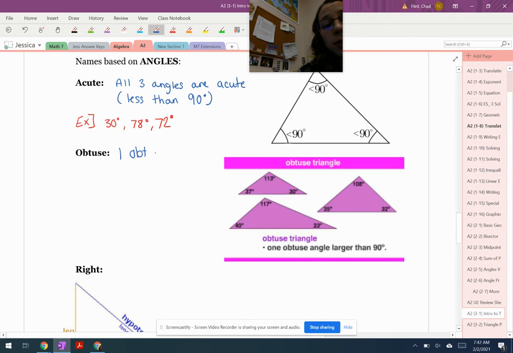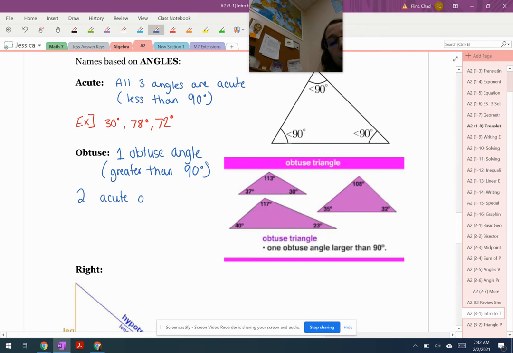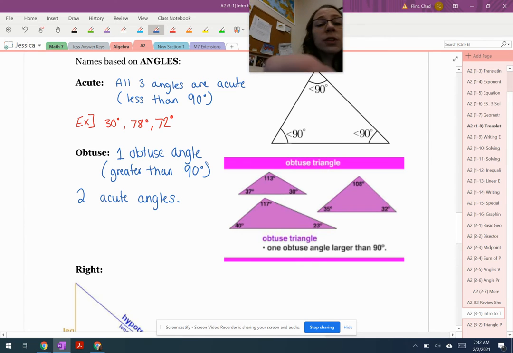One obtuse angle, which just means greater than 90 degrees. But only one obtuse angle, and then it has two acute angles. It can only have one.